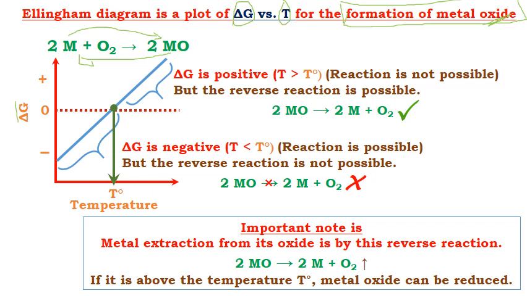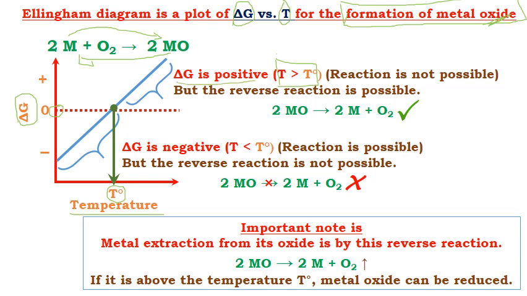Here the delta G is taken on the y-axis and the temperature is taken on the x-axis. This temperature, T0, denotes where the delta G becomes 0. Now we have two conditions. If the given temperature is greater than T0, then delta G becomes positive.